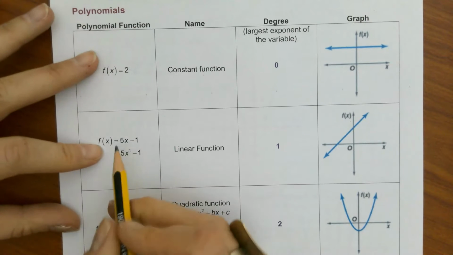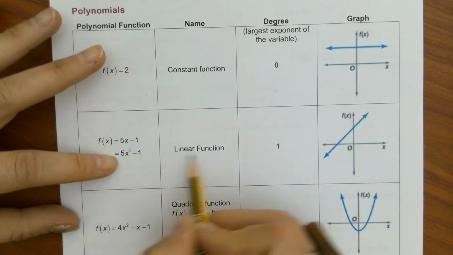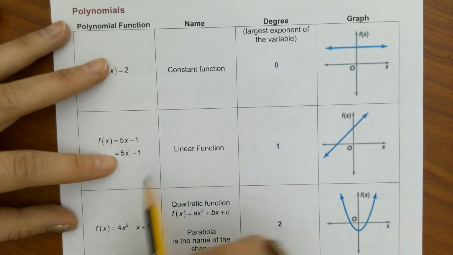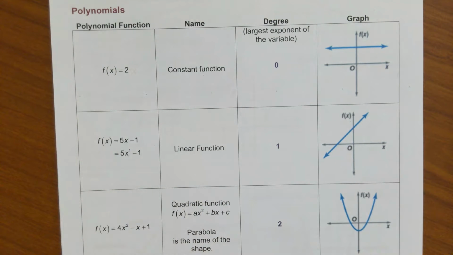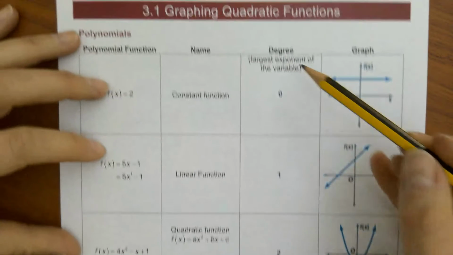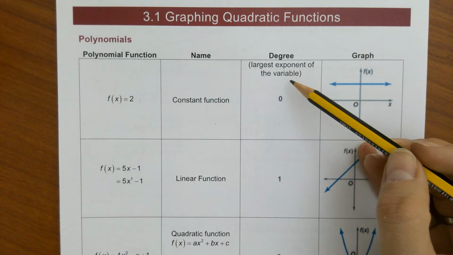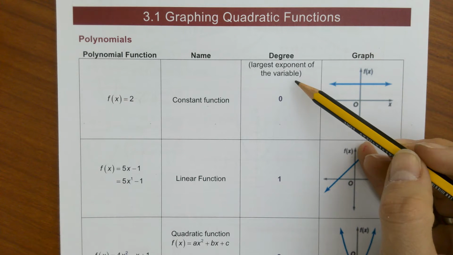If I have a function that just has an x to the power of 1, then this is a straight line, and we call it a linear function. Okay, and we have this thing called degree, and degree just means what's the biggest exponent on the variable.